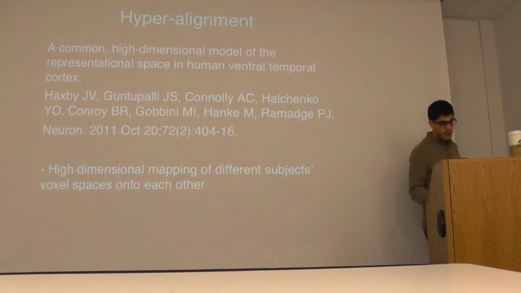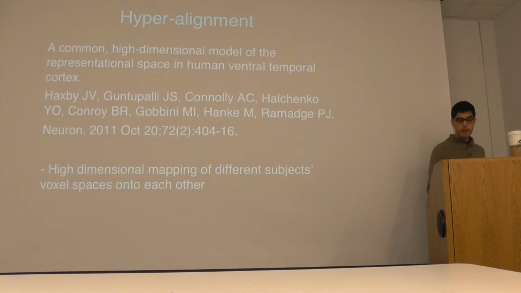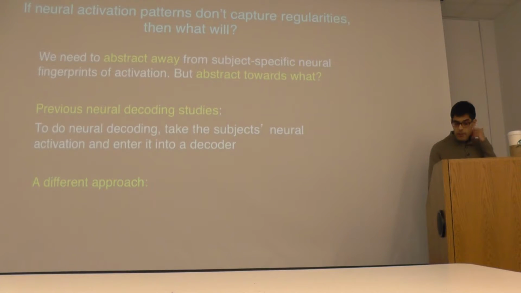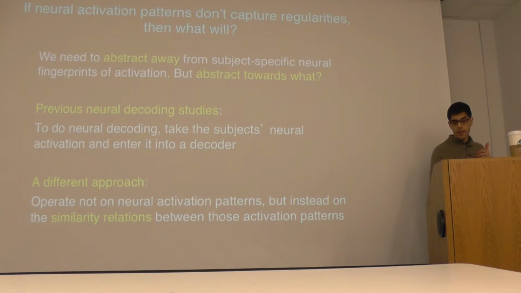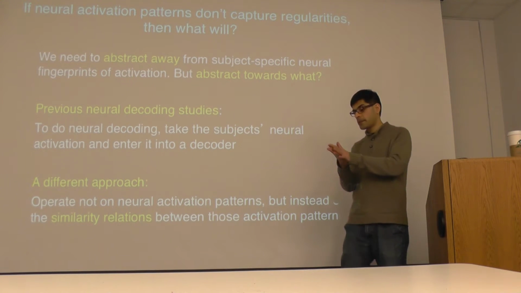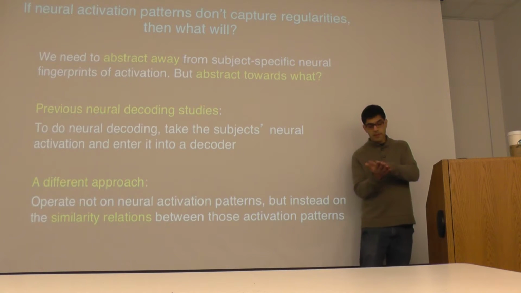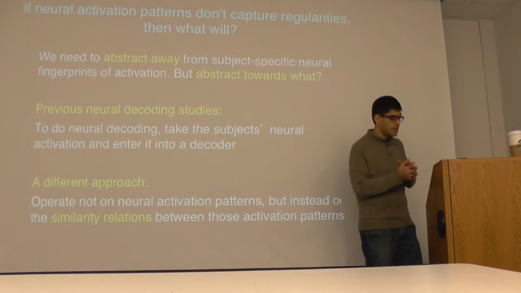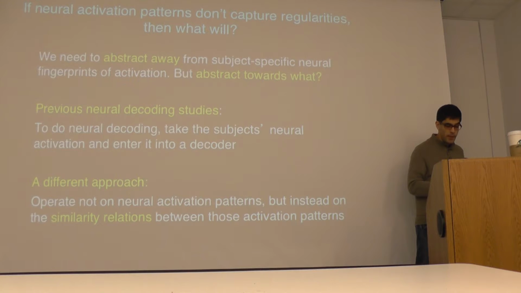So that's one approach. But another approach is to say, maybe that voxel space activation is not actually capturing what we want. Maybe we need to somehow abstract away from that. What are we going to abstract towards? How about we look at similarity relations between the activation patterns? Not the activation patterns themselves, but the similarity between them, measured simply by spatial correlation.